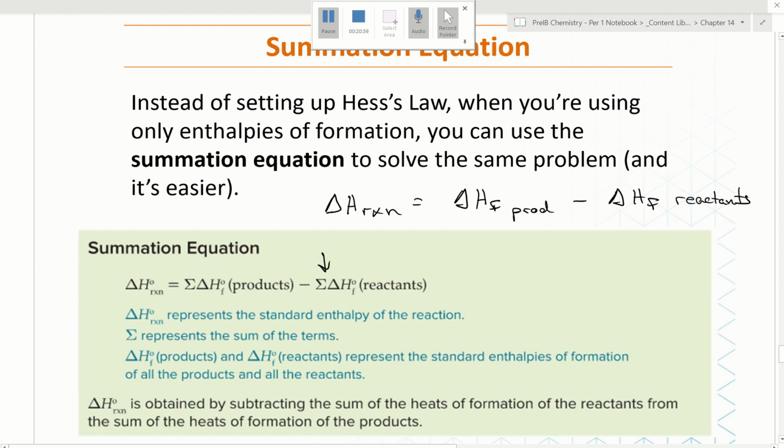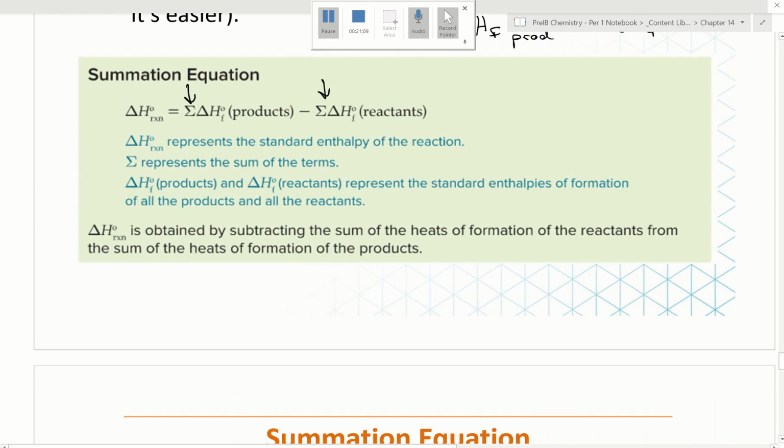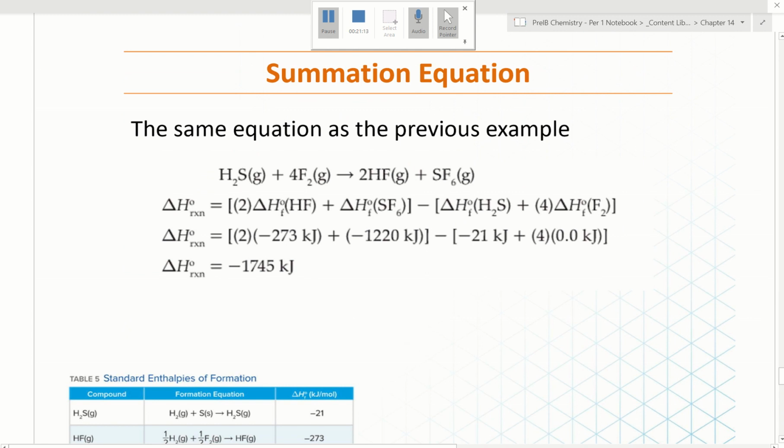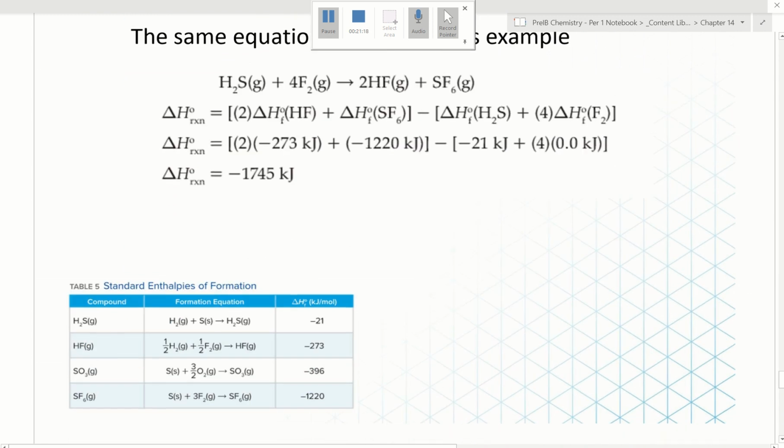Now they have these sigmas here, which just means the sum of the delta H of formations of the products minus the delta H's of formations of the reactants. So here's the same equation, and instead of solving it in terms of Hess's law, we can actually solve this in terms of summation. So here's how it works.